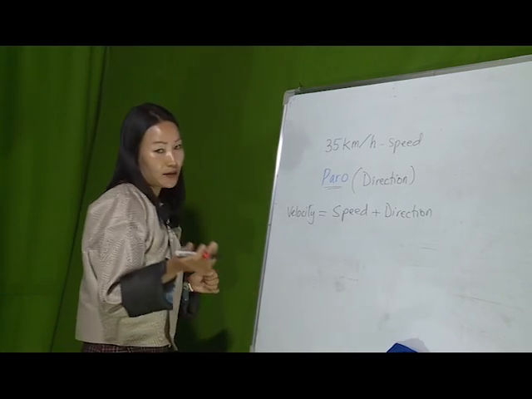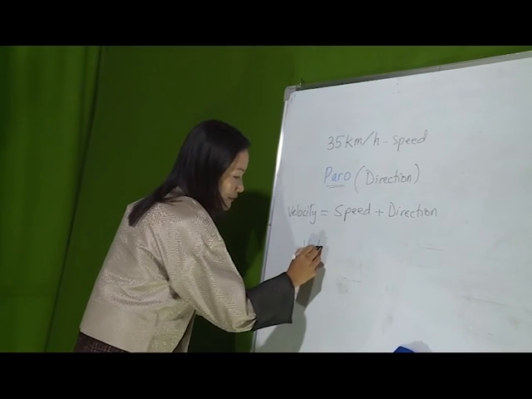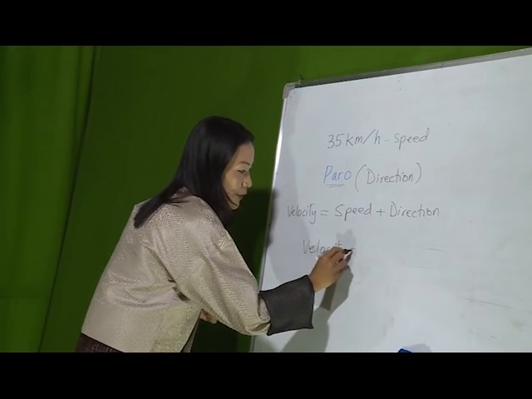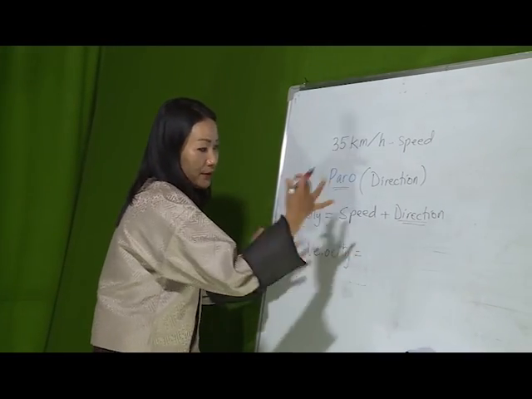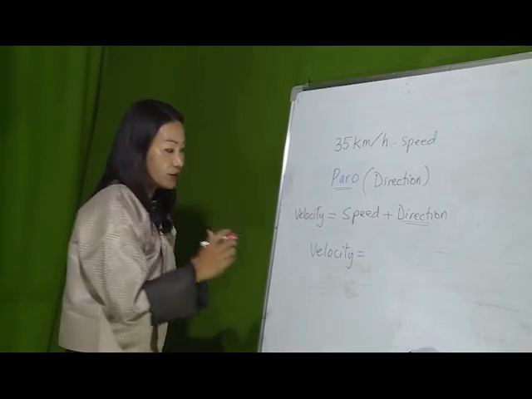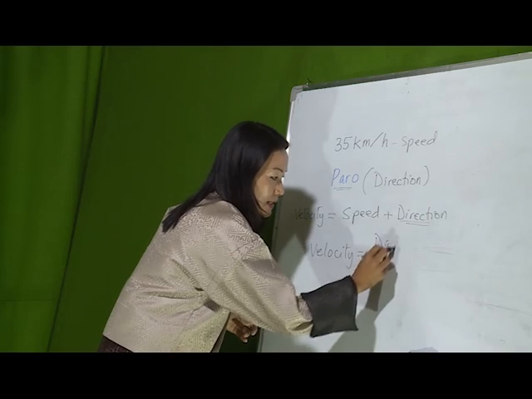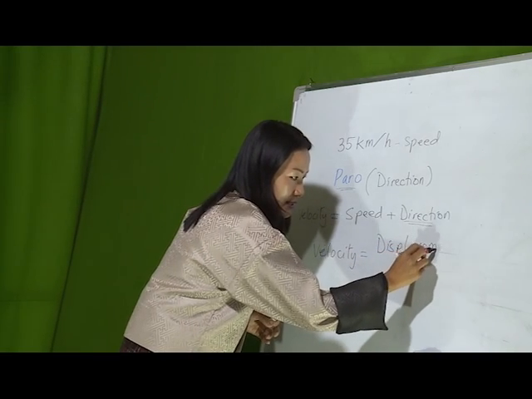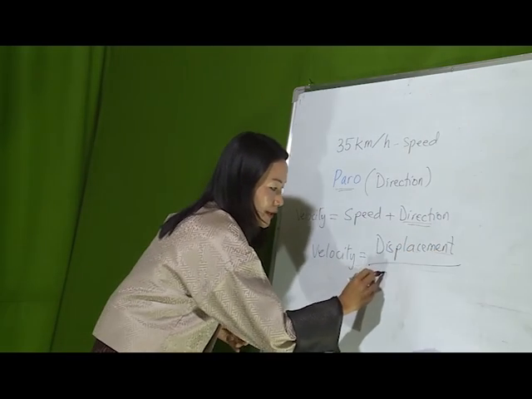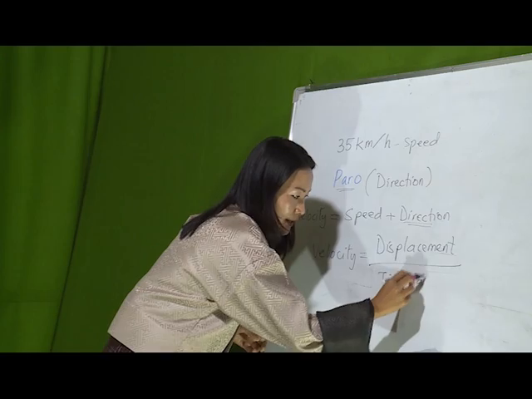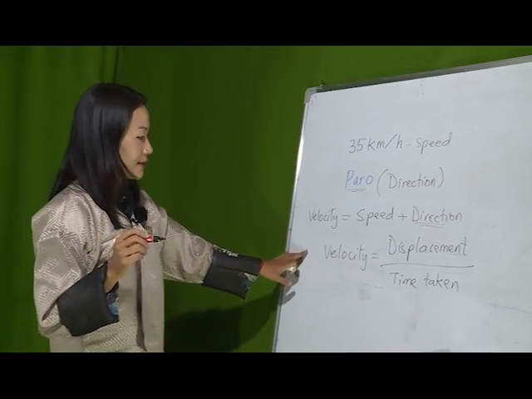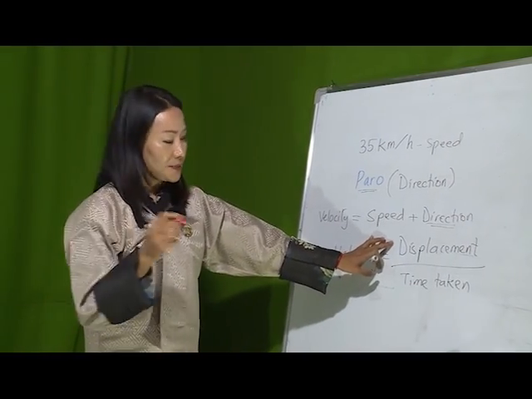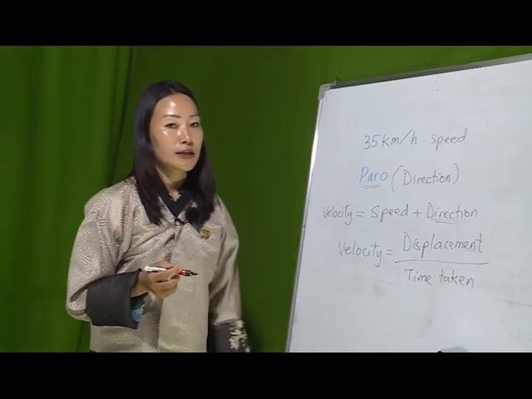Again, if you want to write down mathematically, velocity, because it has direction, speed with direction becomes a vector quantity. So it is displacement over time taken. So this is the mathematical expression for velocity. Displacement covered by time taken.